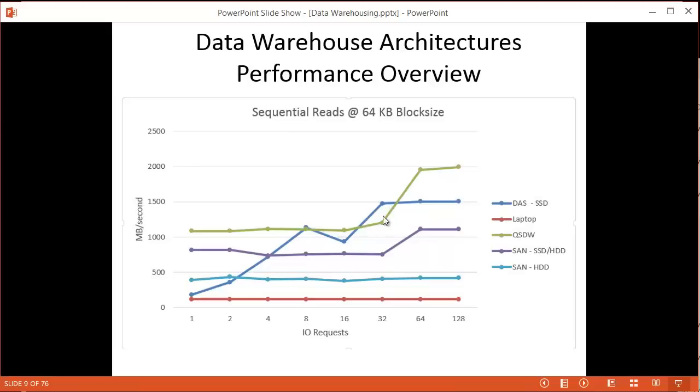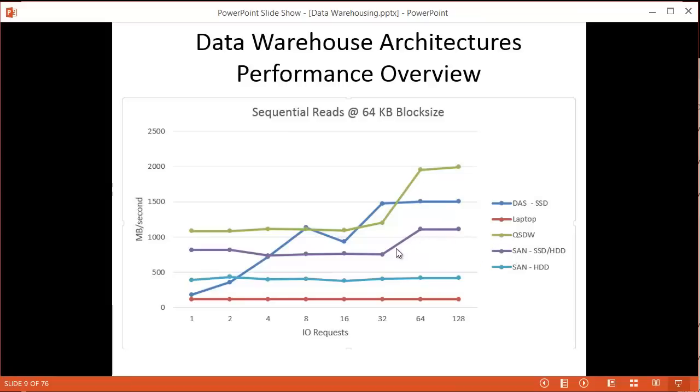The blue, the DAS, or direct attached storage, this is a direct attached storage solution with solid state devices. So this is solid state device performance with direct attach. And the direct attach is a good solution. However, this particular one wasn't specifically architected for data warehouse workloads, and even though it's SSDs, because it wasn't architected correctly, it gets less than your Quick Start data warehouse, which is just regular spinning disks.